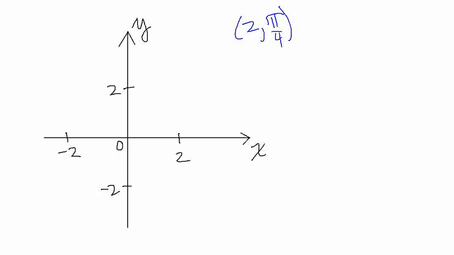So we know that the position is going to be a distance of 2 from the origin, and that position is going to be in the direction specified by an angle with a measure of pi over 4 radians. So that's going to be roughly where this blue dot is. Okay?